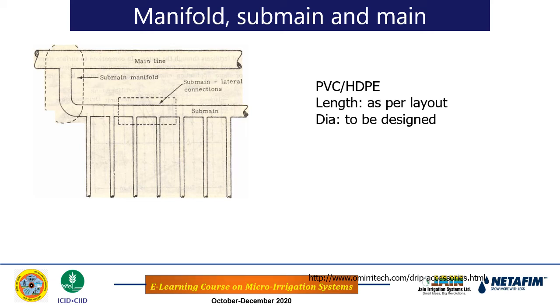If it is open and exposed to the sun for a long time, there is quite a possibility that it will become brittle and develop cracks even after 1 year. So when you use PVC manifold, submain and main, take care that they are buried in the soil. But if you use HDPE, no problem. You can install those on the soil surface.